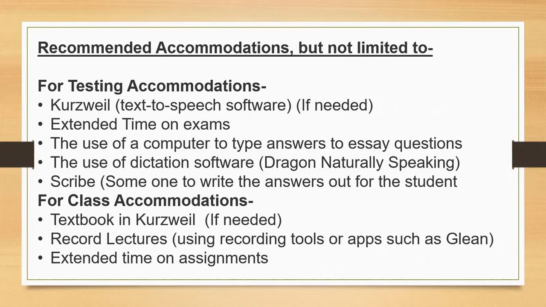But again, for testing accommodations as well if needed: extended time on exams, the use of a computer to type out essay questions, the use of dictation software like Dragon or a scribe. A scribe is just somebody who will write out the answers for you. For class accommodations: textbooks in Kurzweil if needed, recording lectures using apps like Glean, and extended time on assignments.